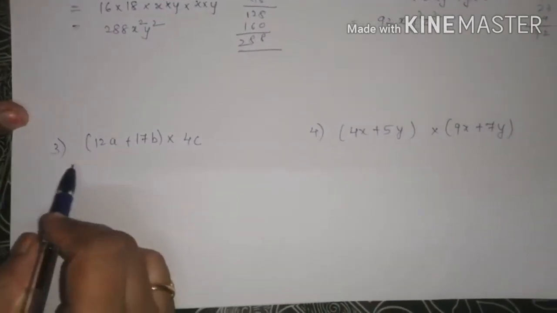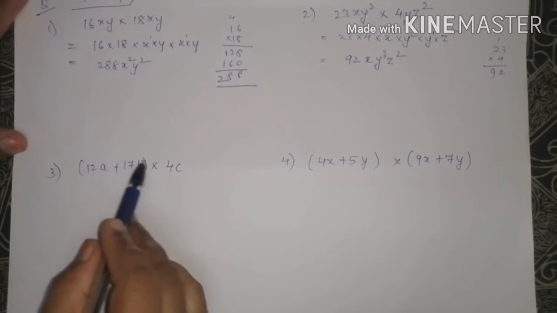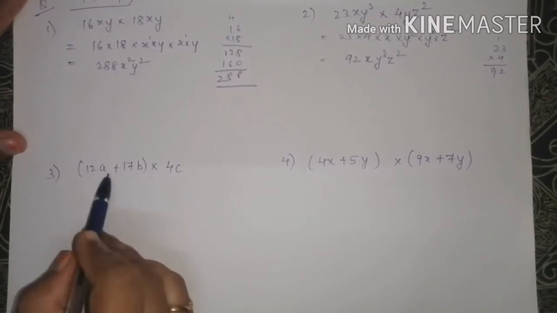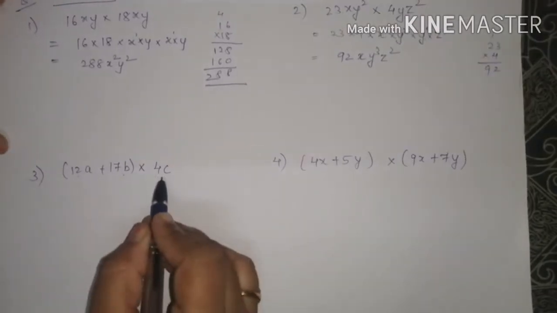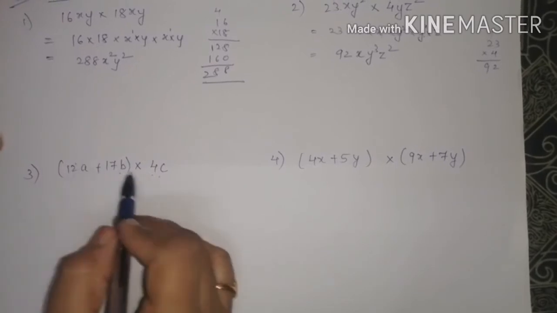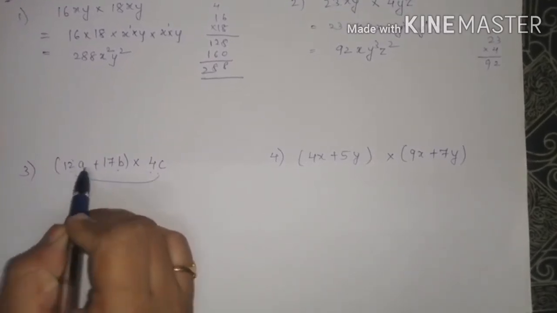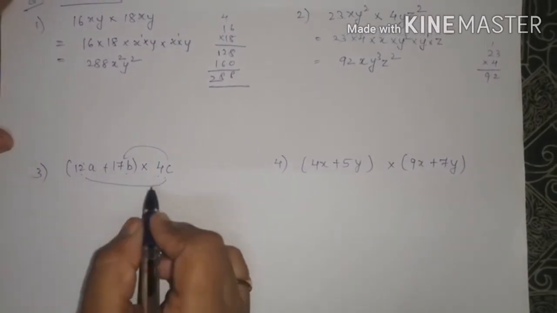See the third one is a little different. This is 12a plus 17b into 4c, binomial multiply monomial. So what you have to do, this 4c will multiply with 12a, and this 4c will multiply with 17b also.